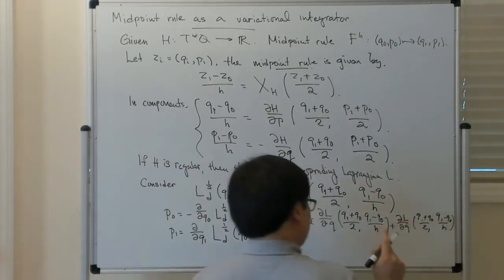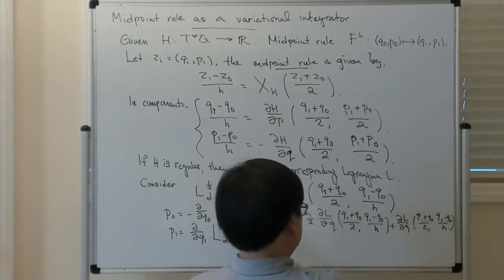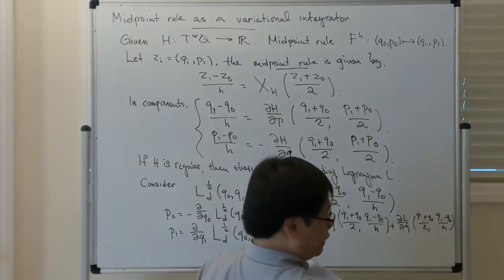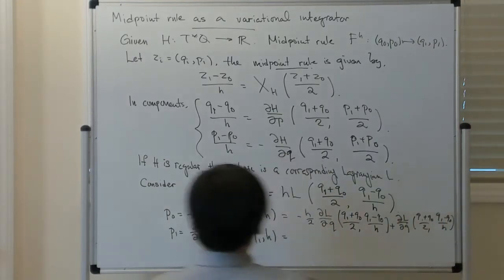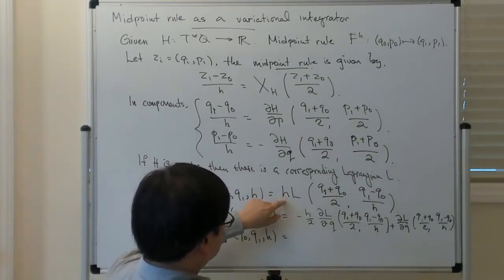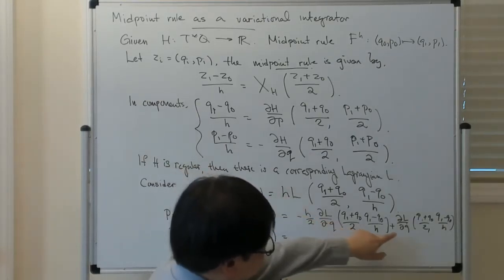All right, then you have to differentiate (q1 minus q0) over h with respect to q0, and that gives you a minus sign and a 1 over h factor. Okay, so the minus sign and the 1 over h factor cancel out the minus sign here, and it cancels out the h here, and that's why you get this term.